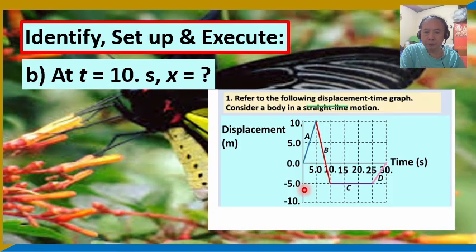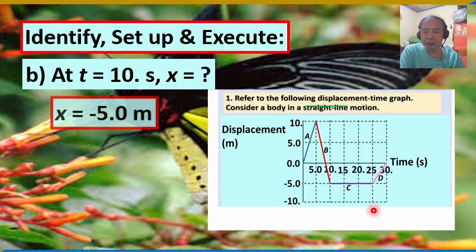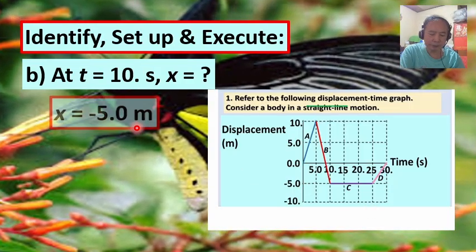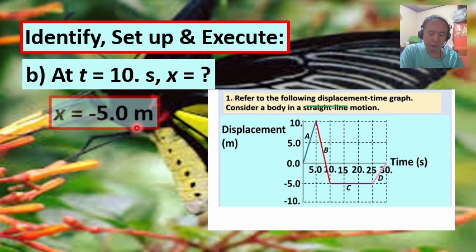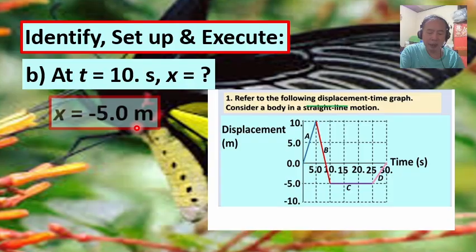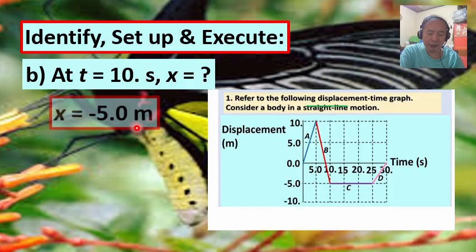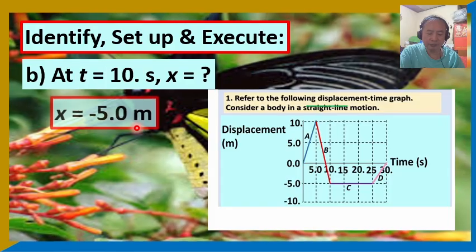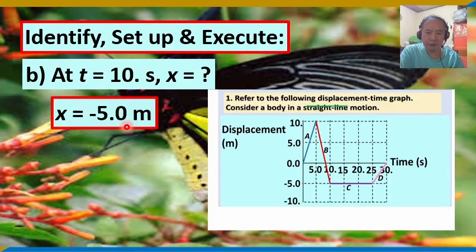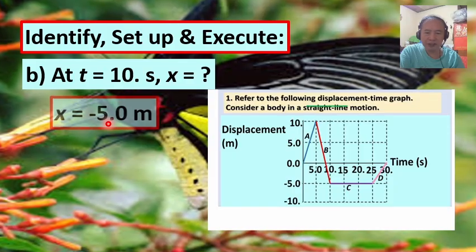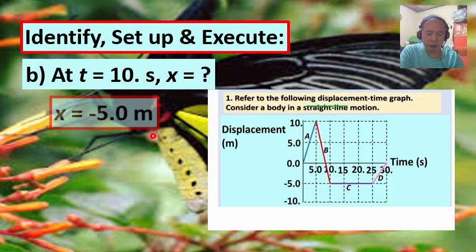So, therefore, our answer is that x is equal to negative 5.0 meter. Or we say that at time equals 10 seconds, the body is located 5.0 meters west of the origin. That is the meaning of the negative sign, west of the origin.